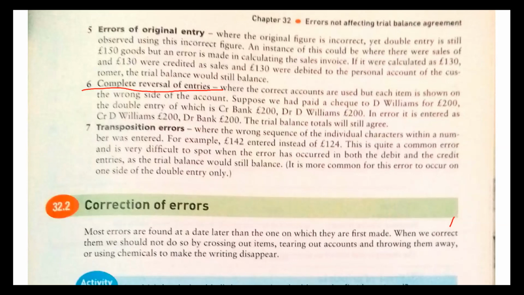How do you correct this error? You actually have to begin by giving Williams back the amount that you took from him. Remember, you were supposed to give 200 kwacha, but you took 200 kwacha out of his account. So you're supposed to give him back his 200 kwacha, and then you give him the 200 kwacha that you were supposed to give him in the first place.